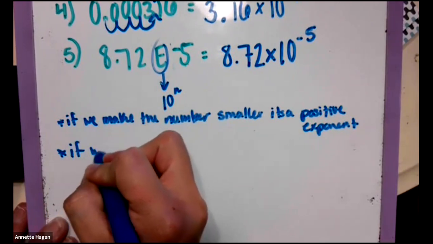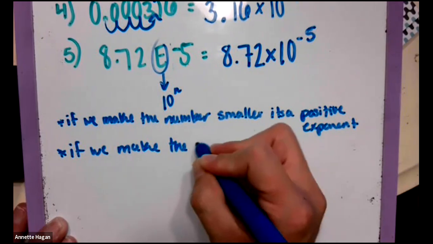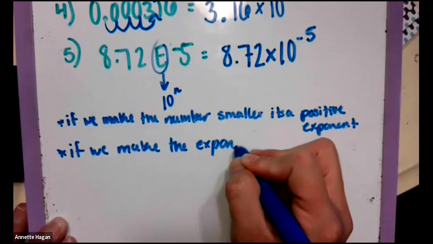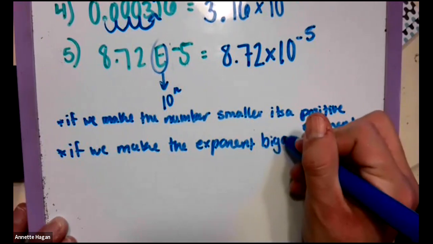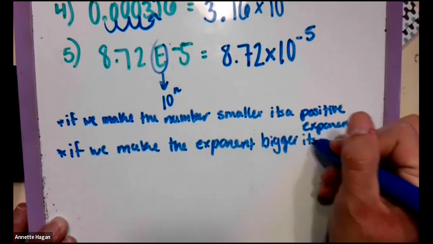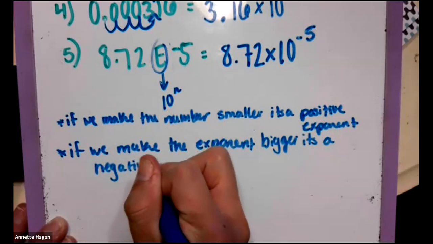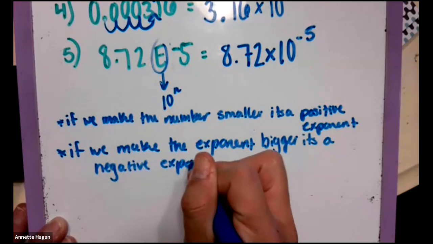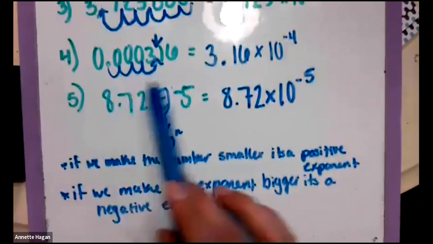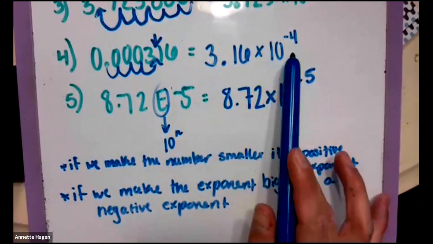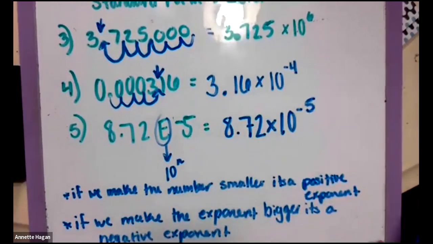If we make the number bigger, it's a negative exponent. Okay? So if we go from a decimal to a mixed number, it's negative. If we go from a really, really large whole number to a decimal, it's positive.